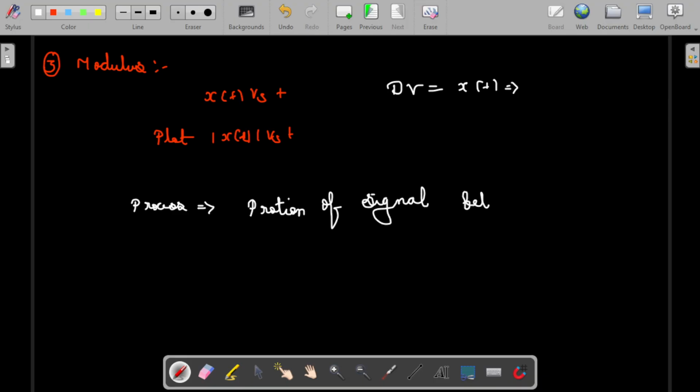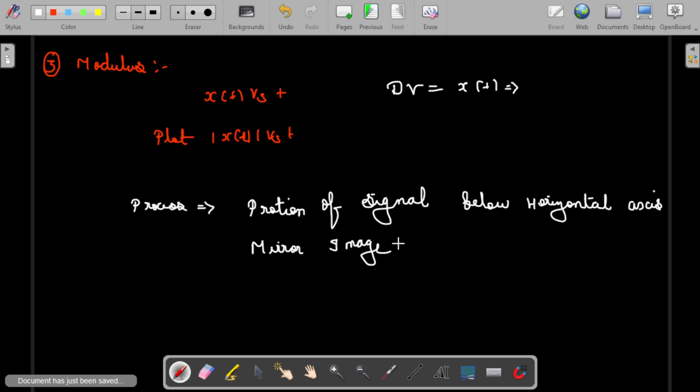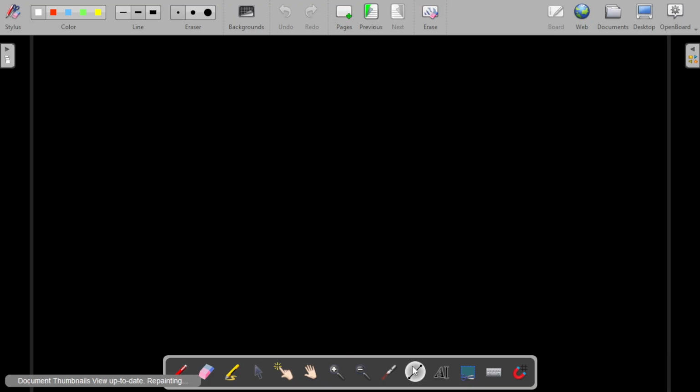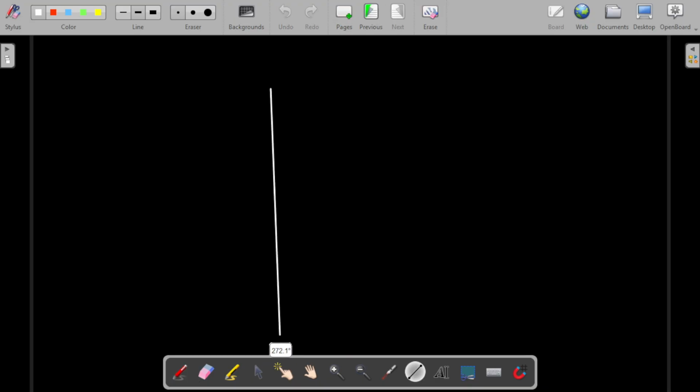Below the horizontal axis, it will be just a mirror image with respect to the horizontal axis. Okay, so this is the simple definition. Let me draw one diagram so that you can understand it visually.